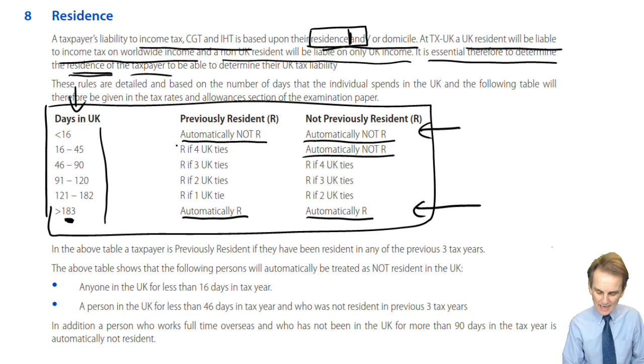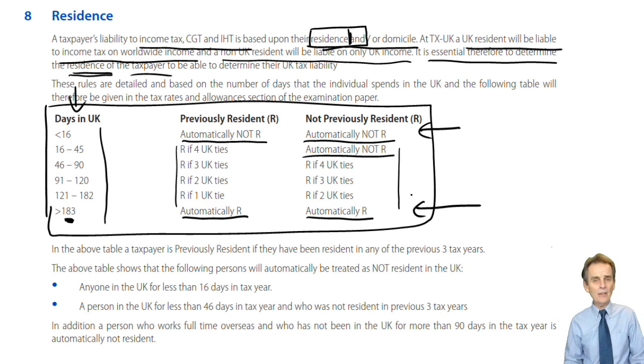In between, you will discover where you're neither automatically not UK resident and you're not equally automatically UK resident, then how do we determine? Are you or aren't you? If you're not automatically one or the other, how do we determine which it is?